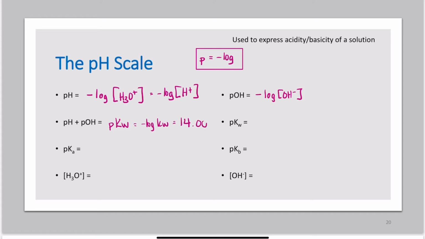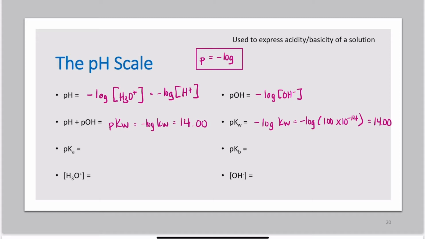Technically, 14.00. Sig figs with logs are hard, and I'll show you what I mean by that in just a minute. pKw, again, that lowercase p means negative log, so negative log of Kw, which is negative log of 1.00 times 10 to the negative 14, equals 14.00. Now, sig figs.